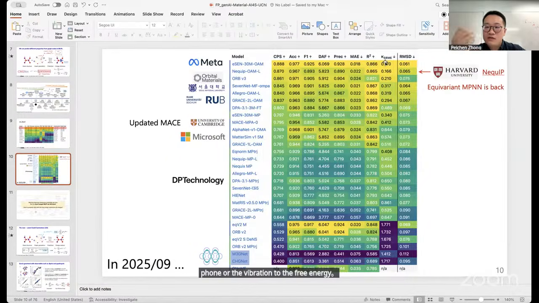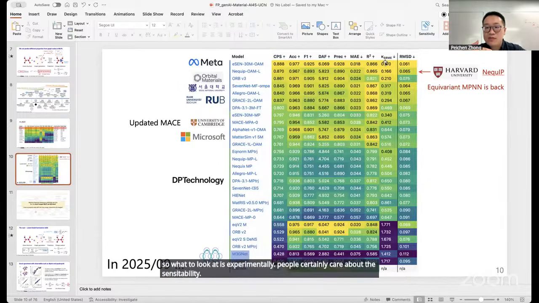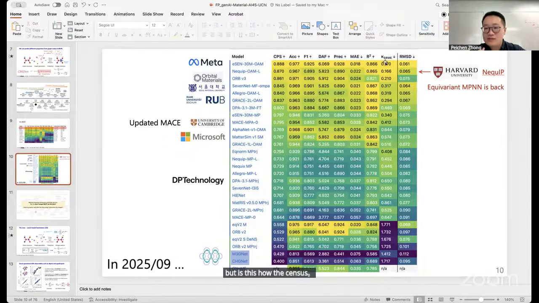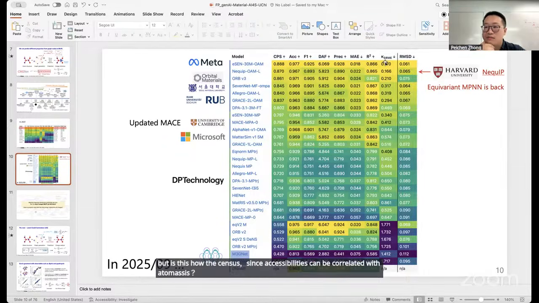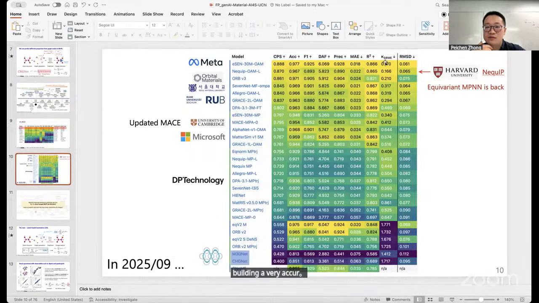This can give you a better estimation of the stabilities or the synthesizability for solid state materials. Experimentally people certainly care about synthesizability, but how synthesizability can be correlated with atomistic simulation needs a better approach. Building a very accurate foundation potential can help, but does not yet completely solve the problem.